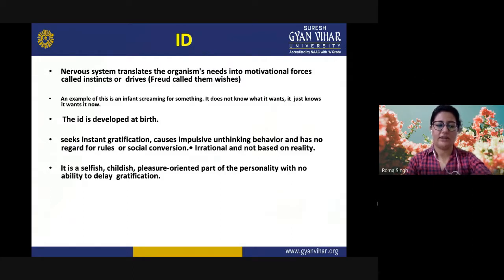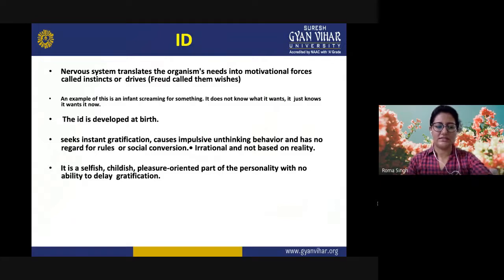So the infant is taken over by the id. Id is developed at birth. It seeks instant gratification. It causes impulsive, unthinking behavior and has no regard for rules or social convention. It is irrational and not based on reality. It is a selfish, childish, pleasure-oriented part of the personality with no ability to delay gratification.